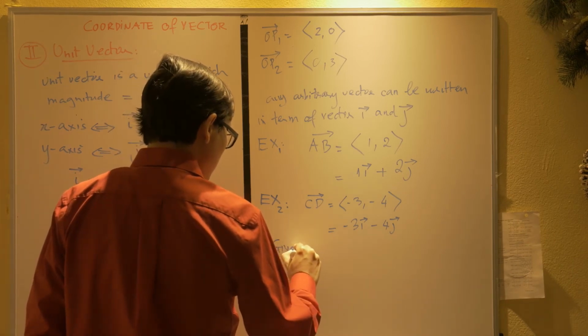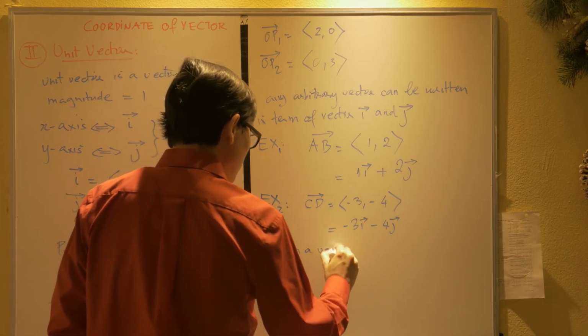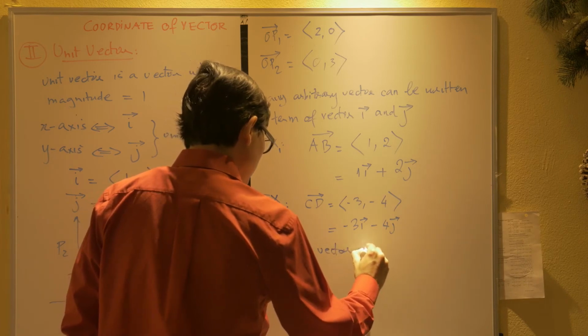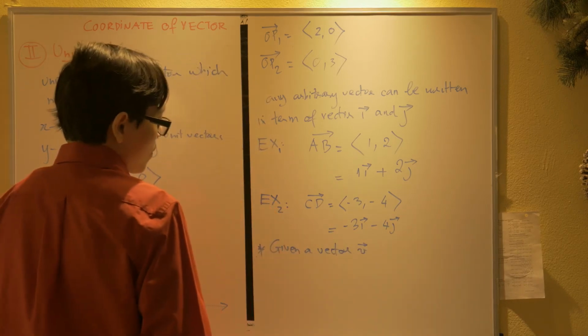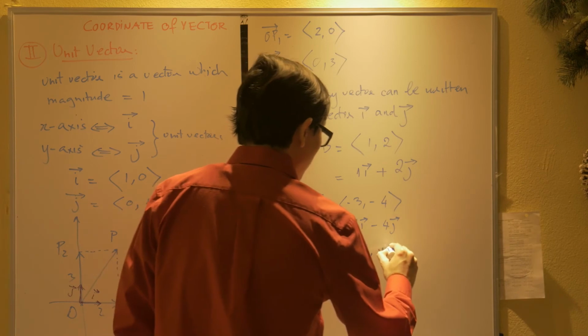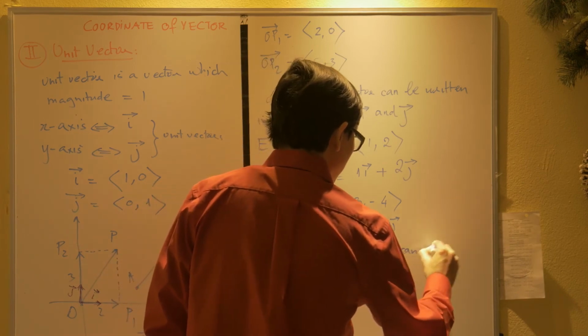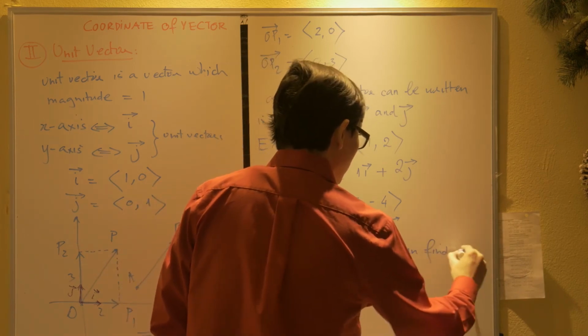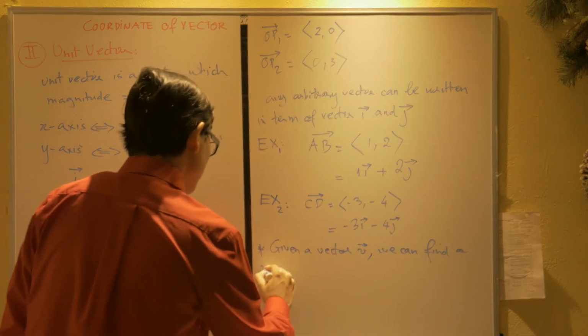Given a vector v, we can find a unit vector.